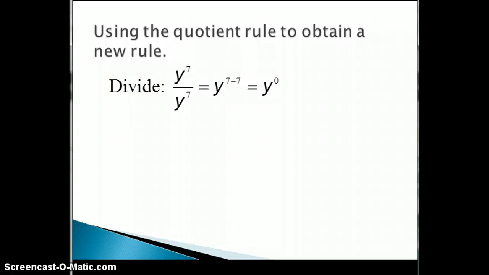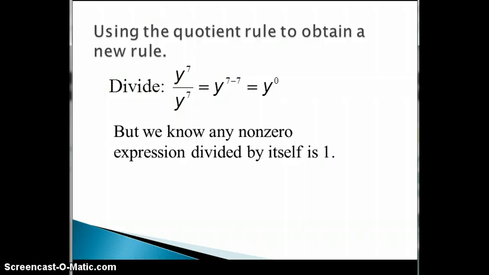Well, we have the same base on the top as we have on the bottom, so we could use the quotient rule that says that this will simplify to a single base of y, and the exponent on that y will come from subtracting the exponents. But when we subtract the exponents, because they're the same, 7 minus 7, we end up with an exponent of 0. But we know that any non-zero expression divided by itself is 1.